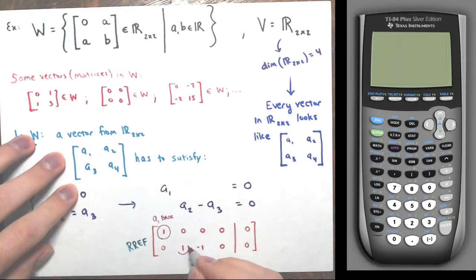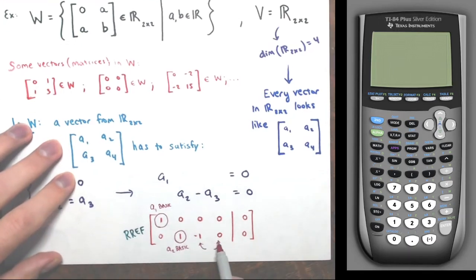There's a pivot column for the second column that corresponds to the coefficients of A2, so A2 is a basic variable. And then these last two columns of my coefficient matrix aren't pivot columns, so they correspond to my free variables. A3 and A4 are free.